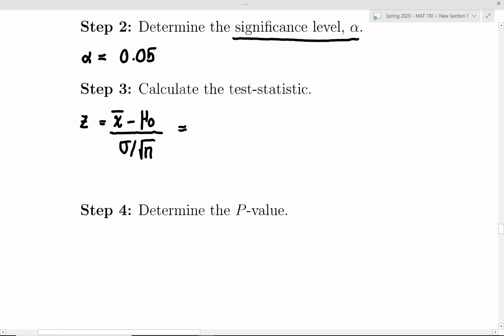In this case, our x bar, which is our sample mean, is 1667.5, our mu naught is 1750, and our population standard deviation is 180 divided by the square root of 20.